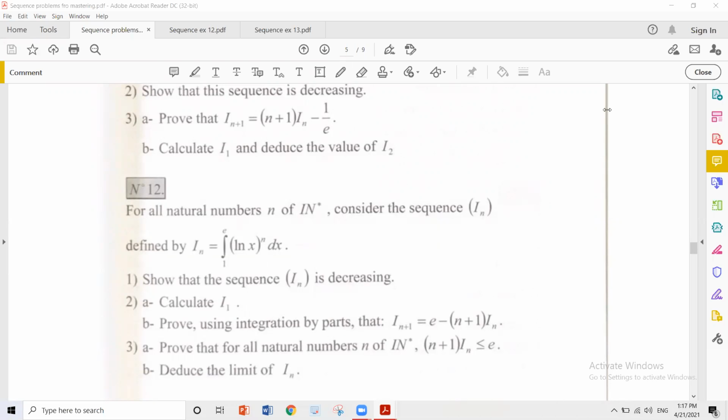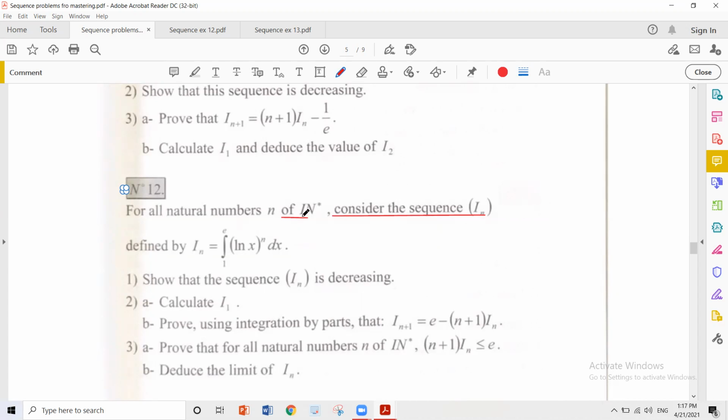Welcome back. Exercise 12. For all natural numbers n of N star, consider the sequence I_n.